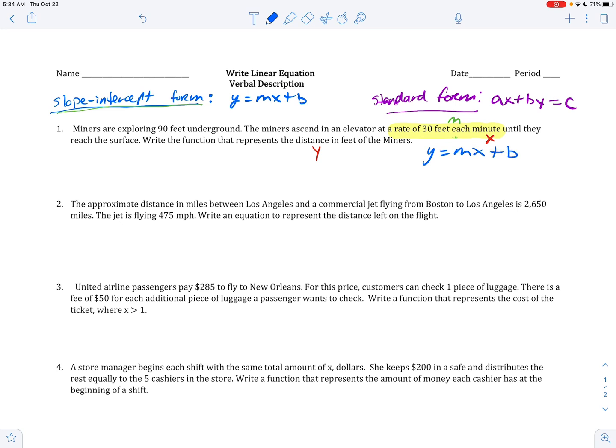Well, we know our y is distance equals our slope, which is 30 feet per second. So what's the y-intercept? Meaning, what's our starting point, right? So we might want to start thinking of our y-intercept as our starting point, all right? We need to start thinking that way in word problems.